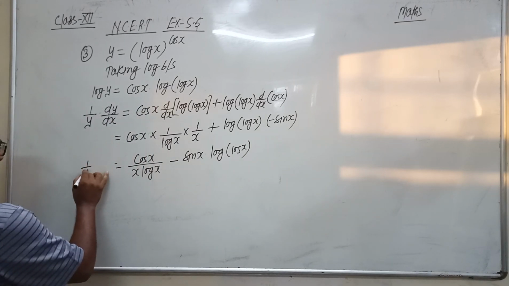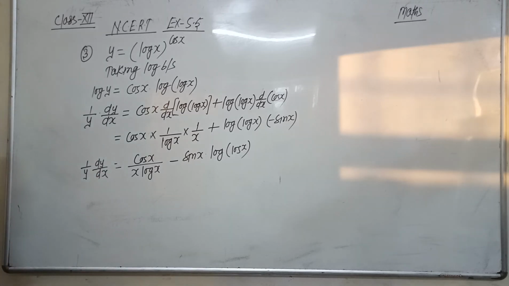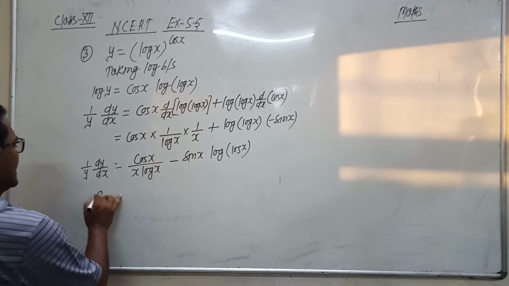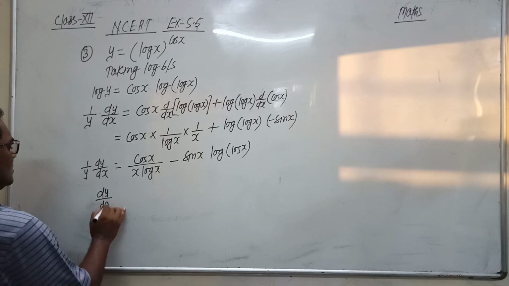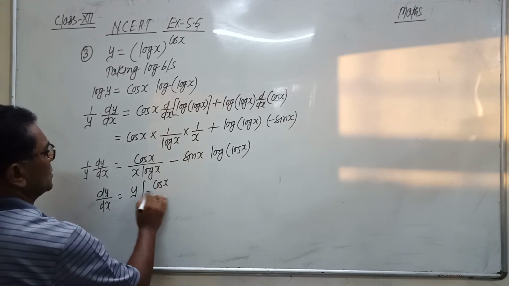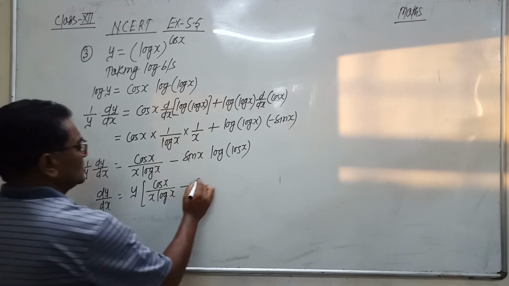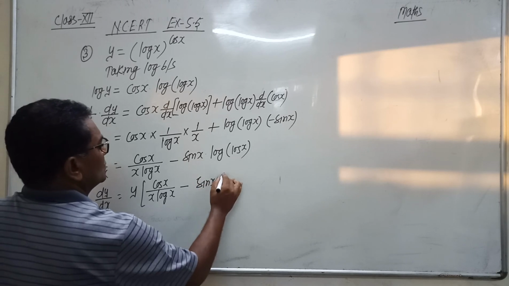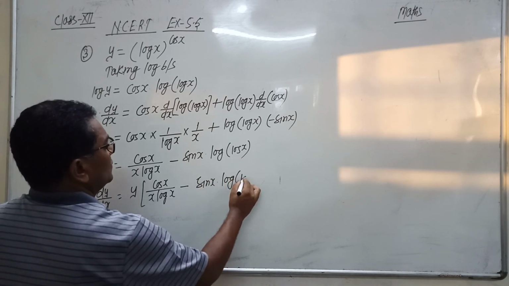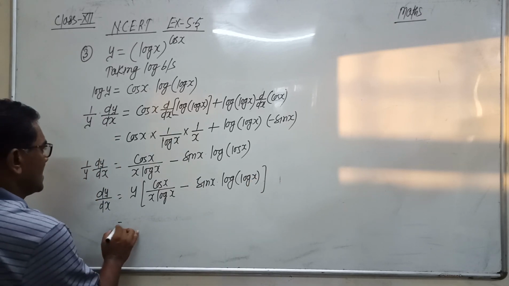And on the left side there is 1 by y and dy by dx. Now we shift y to the right side. So dy by dx becomes y into cos x upon x log x minus sin x into log of log x, and put the value of y.